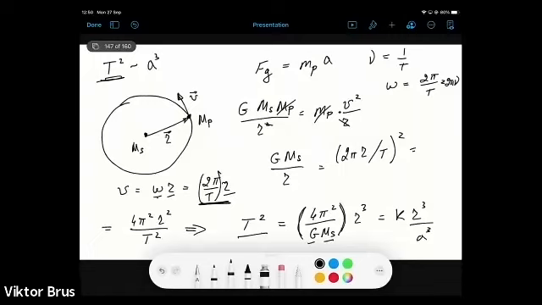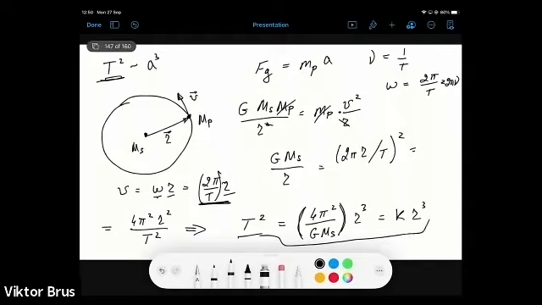Where did you get a cubed divided by a cubed? The final form. Oh, sorry. Good point. Let's make it more clear. So it's not divided by a cube. It should be written that this particular case is derived for a circular trajectory.